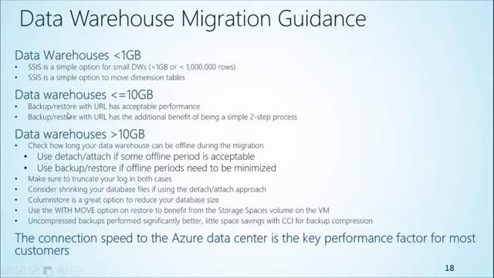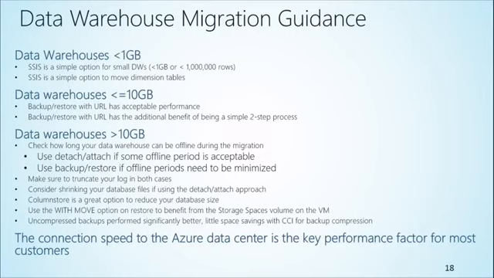For data warehouses that are larger than 1 gigabyte but less than 10 gigabytes, as we discussed, the backup and restore through URL has acceptable performance, and it's a simple, straightforward 2-step process. So I would go with that if my data warehouse is less than 10 gigabytes. Now, for everything that's larger than 10 gigabytes, think about using detach and attach if you can take your data warehouse offline.